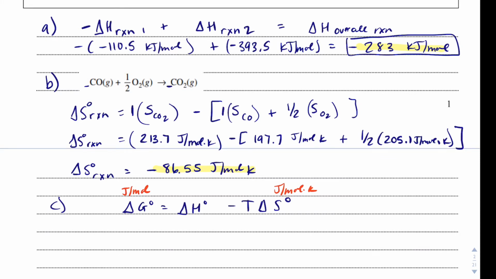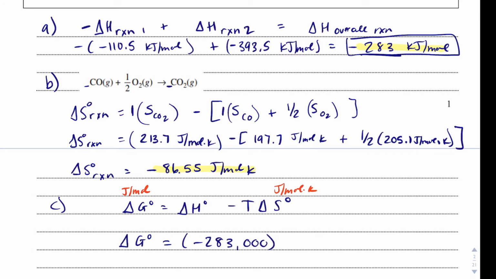But delta H is almost always given in kilojoules per mole. And we can't take a kilojoule and subtract a joule. They need to be in the same units. So what I always say is make sure you get your delta H to just joules. And so we'll say delta G equals negative 283,000.